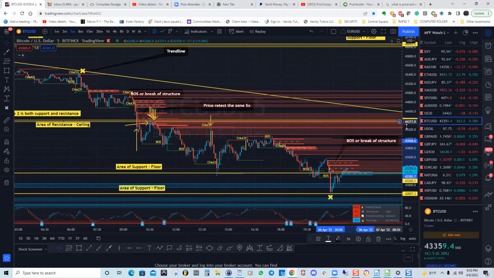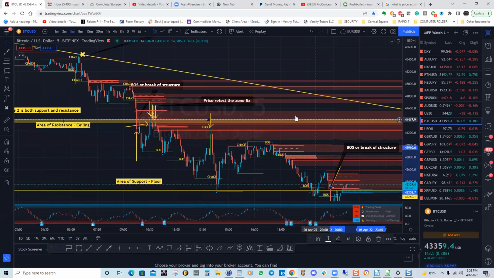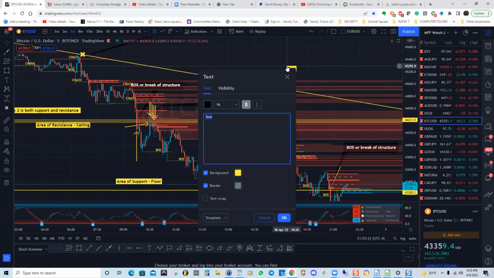Well, the red gaps here are called fair value gaps, or FVG, or order blocks. That's what these are.